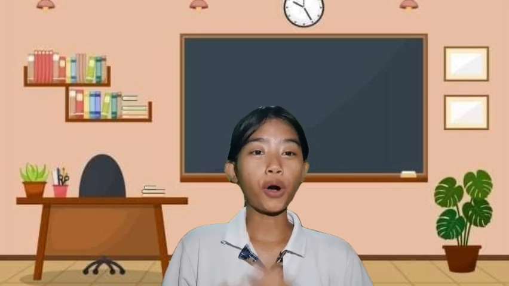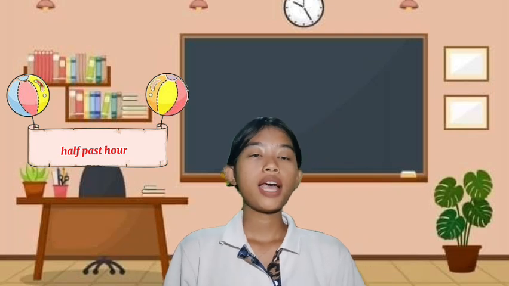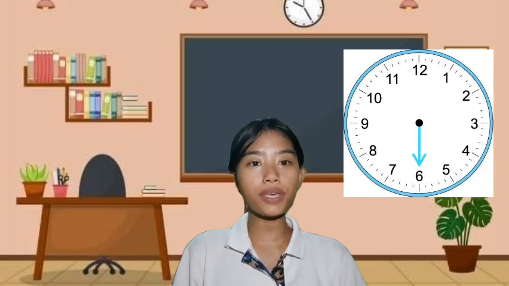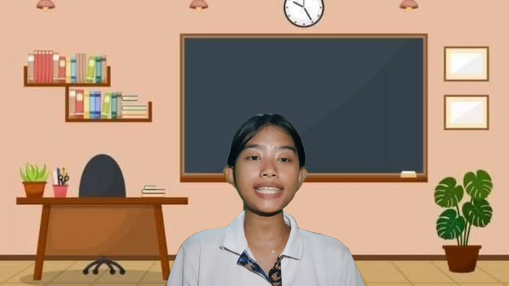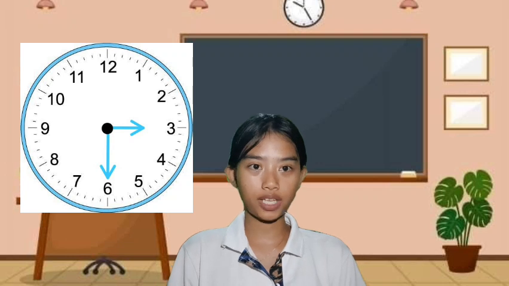Okay, we're gonna move to how to read half past the hour. When the big hand points to 6, it is gonna be half past the hour. For the example, when the big hand points to 6 and the small hand points to 3, it's gonna be half past 3.